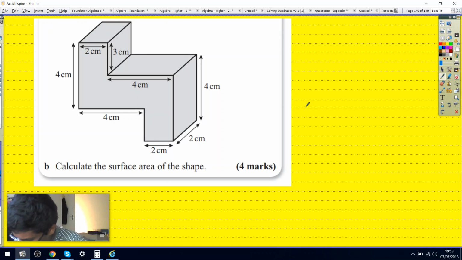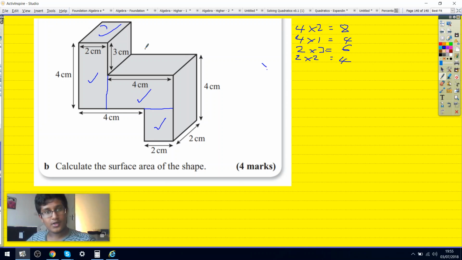Then we do 3 times 2 for the shape on the opposite side. The next side would be 4 times 2, which is 8, and then 4 times 2 again for the last side.